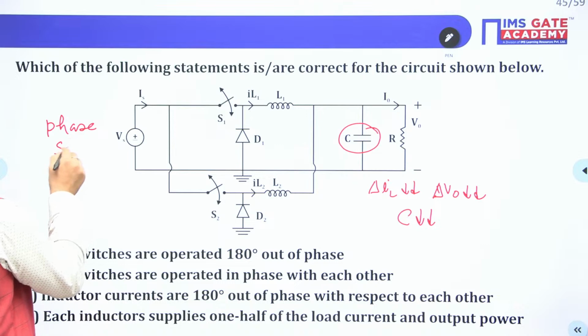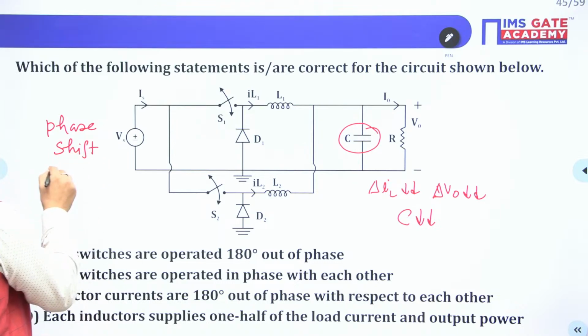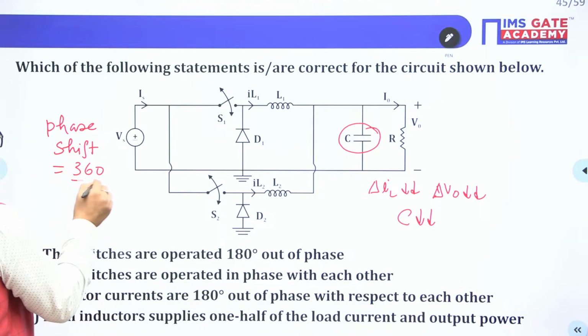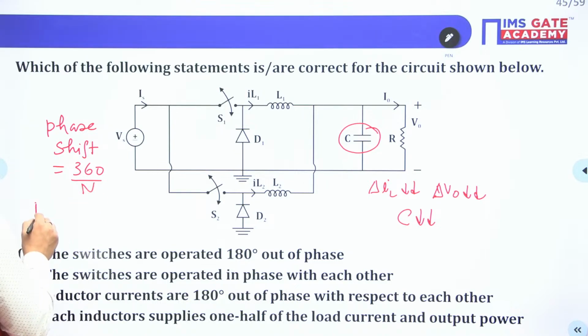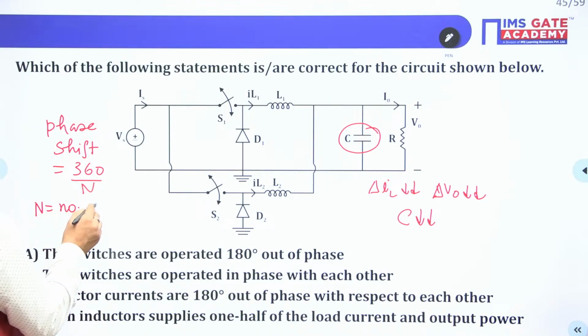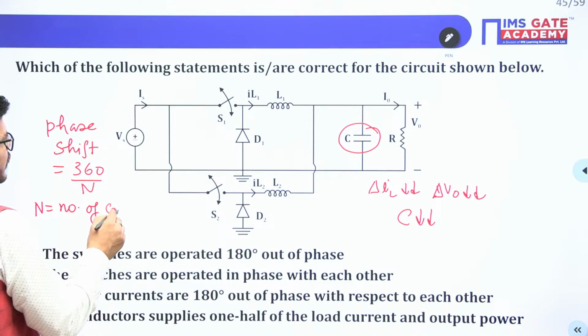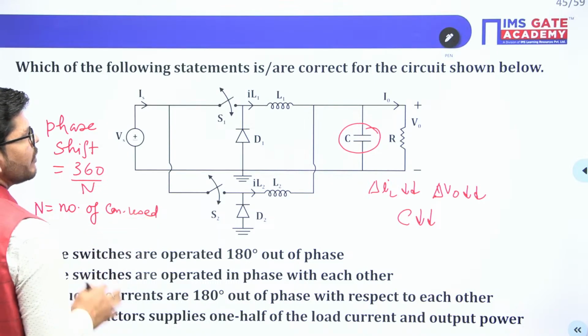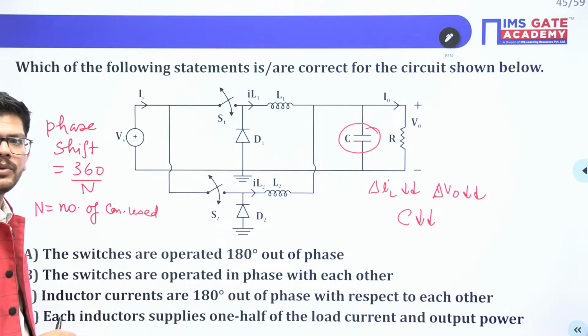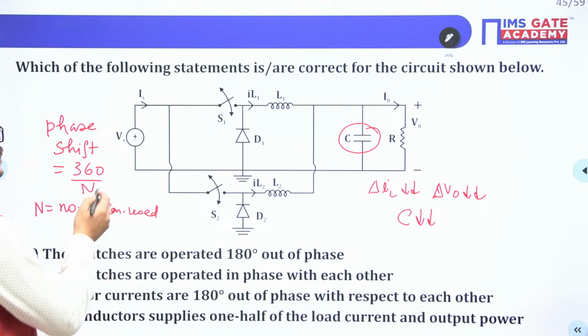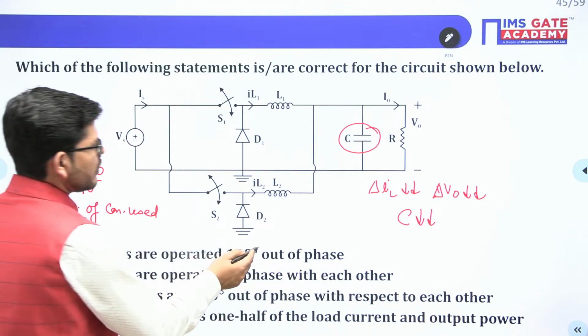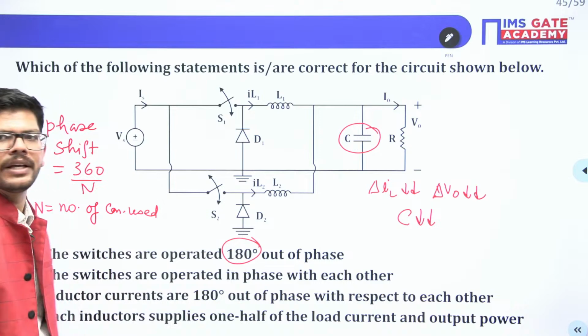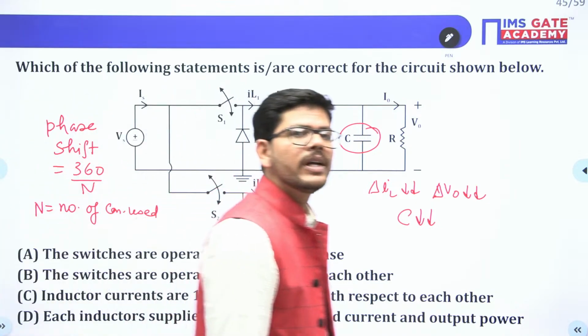The phase shift is 360 divided by n, where n is the number of converters used. So tell me, how many converters we have used? We have used two converters here. So what will be the phase shift here? The phase shift will be 180 degree.